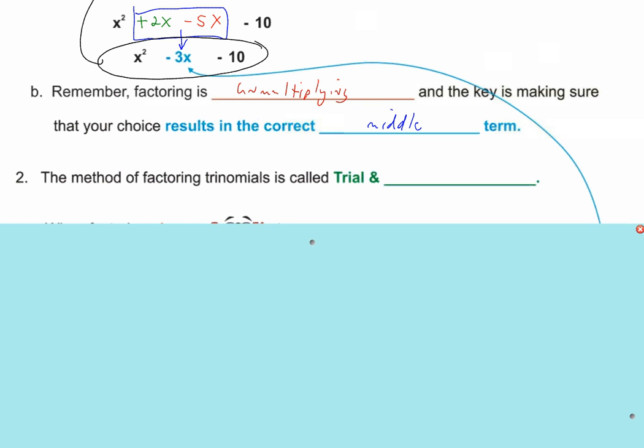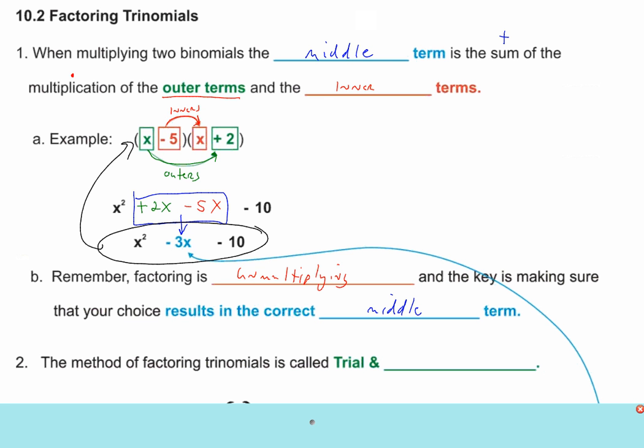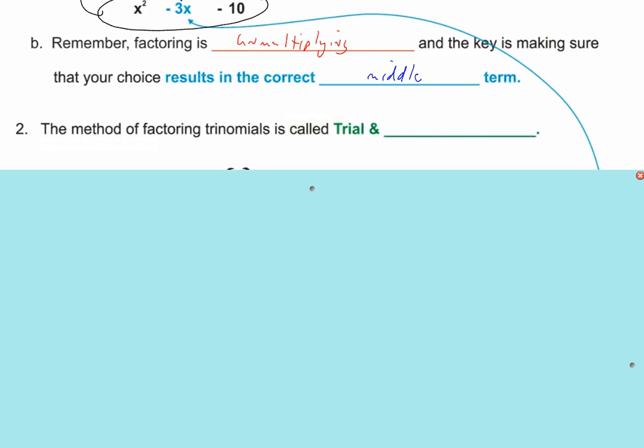All right, there's a name to this method, and students don't like the name of this method. It's called trial and error. You know what trial and error means? Keep trying till you get it right. Some of you don't want to do that.